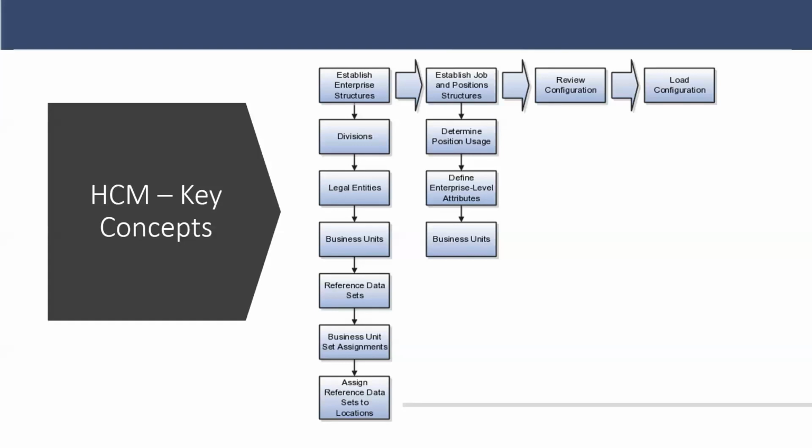When we talk about the work structure, we will go through these set assignments. Again, this is related to the bifurcation of data, because this was a pain area in Oracle ERP, where I could not bifurcate the data and had to depend on the technical team to define multiple profiles or policies to divide my data. But in HCM, it's very easy and very simple.